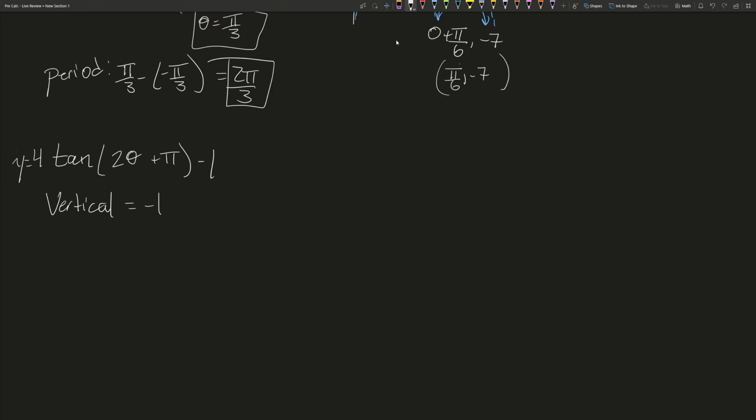Then we need to get two asymptotes. In order to do that, you set everything inside parentheses equal to pi/2 and 3 pi/2. There's reasons for that. We went over it in class. I'm not going to go over it right this second. But then you just solve for theta on both sides. So 2 theta would equal pi/2 minus pi. And then 3 pi/2 minus pi.